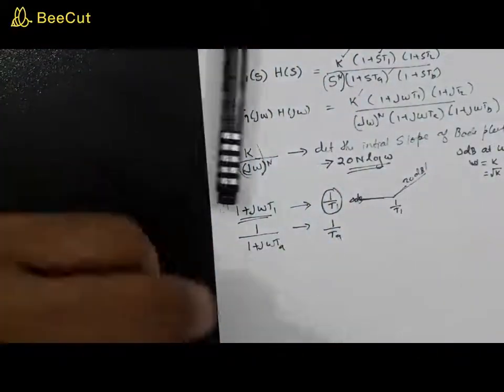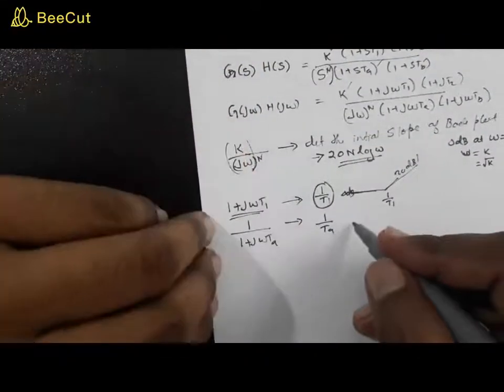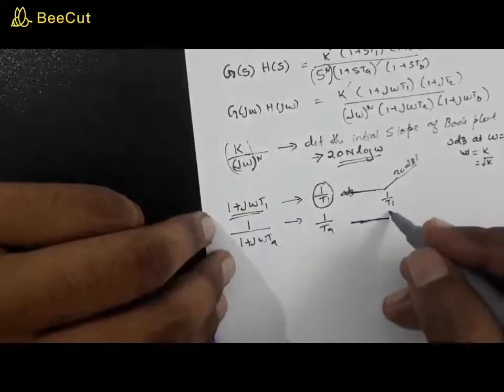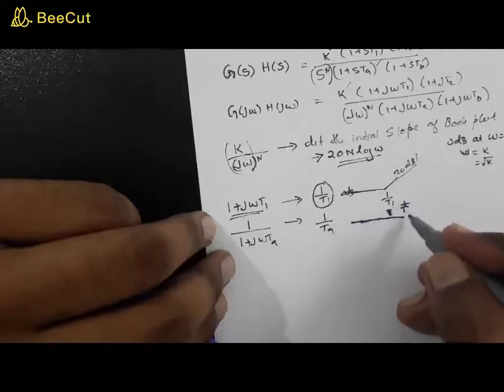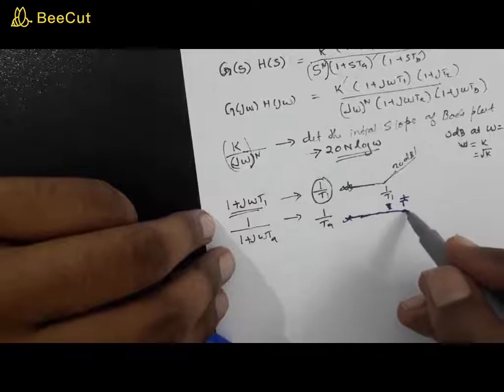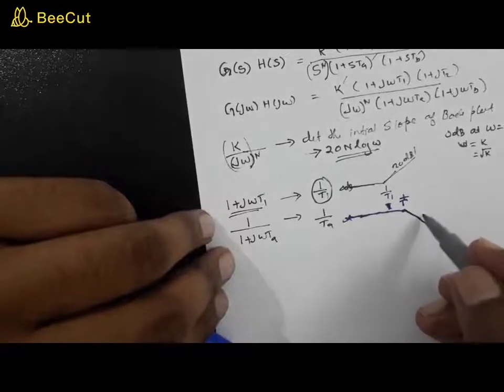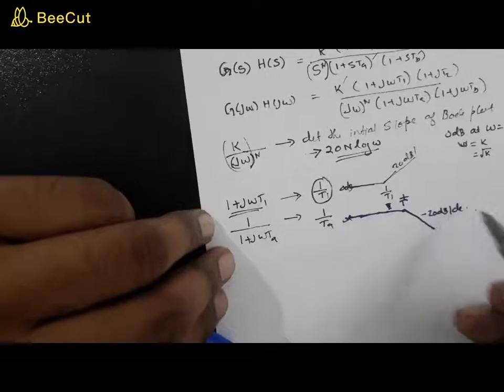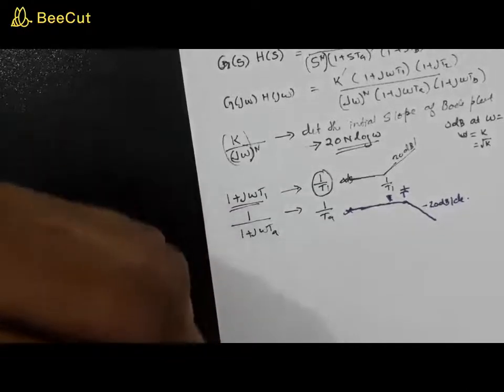Now in this case, what we studied is that till 1 by Ta this will be having 0 dB, and after this point it starts to decrease at minus 20 dB per decade. So this is what we have found out.